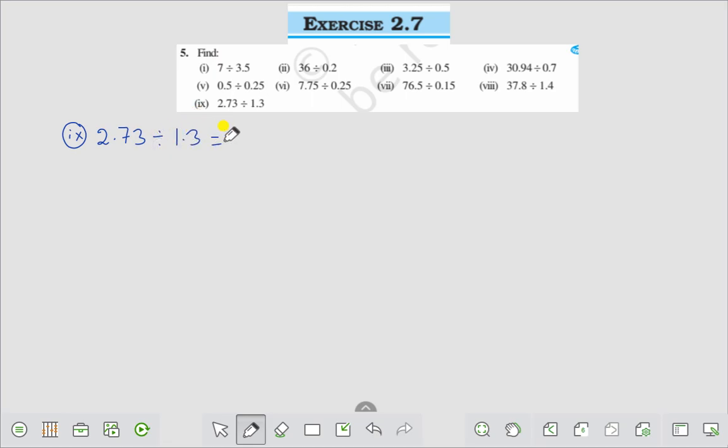That means, first convert the decimal into fraction. There is 273 by 100 divided by 13 by 10.